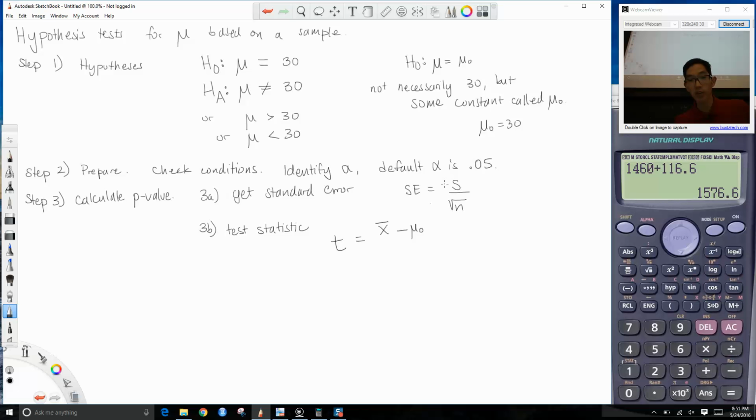In our case, mu 0 is 30 or whatever it is, and we divide this by our standard error. And then lastly, once you have a test statistic, what do you do? You look up the test statistic in the table to get a p-value.